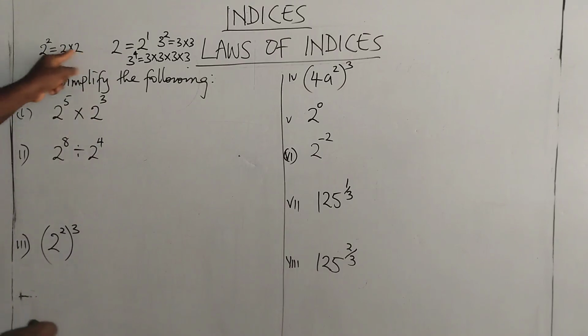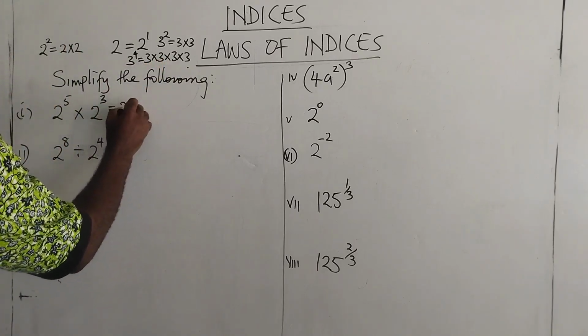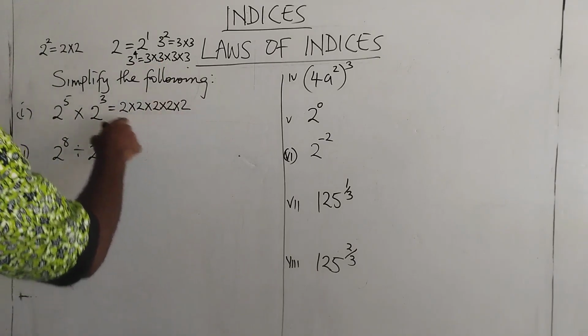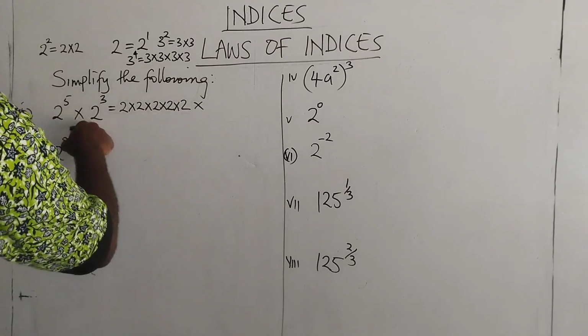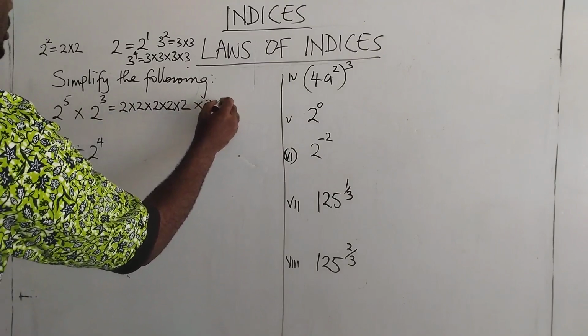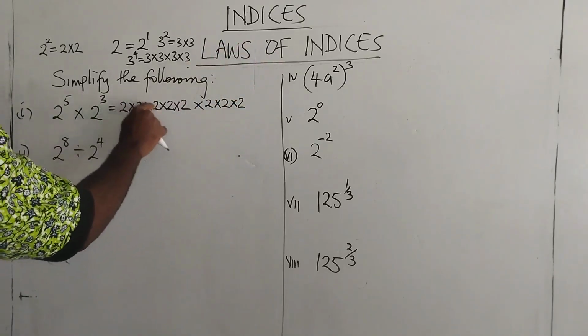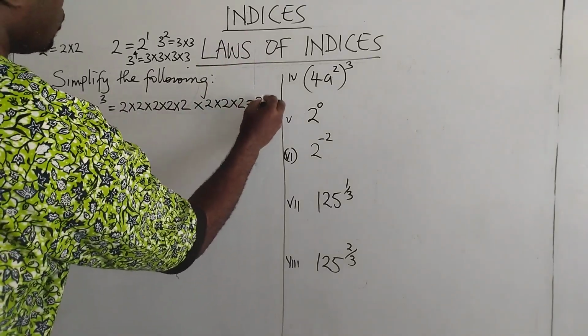With this in mind, you can use this directly, and you have something like 2 times 2 times 2 times 2 times 2, 2 into 5 places, then times 2 into 3 places, 1, 2, 3. Then at the end, you count all of them: 1, 2, 3, 4, 5, 6, 7, 8. 2 raised to power 8.